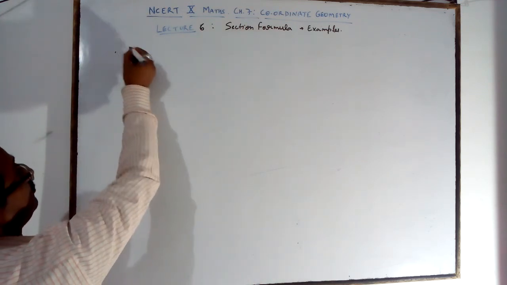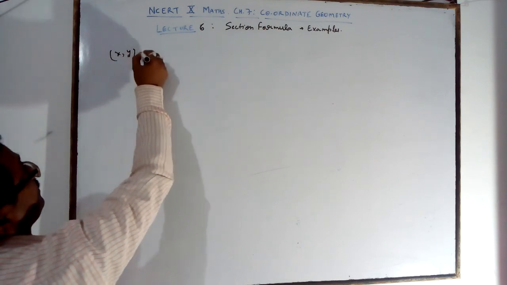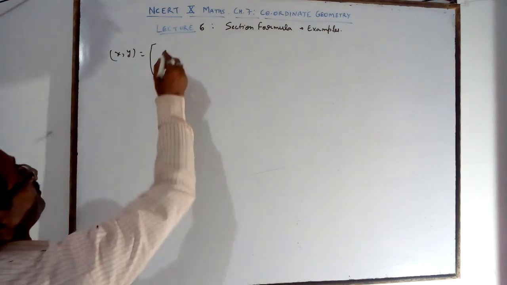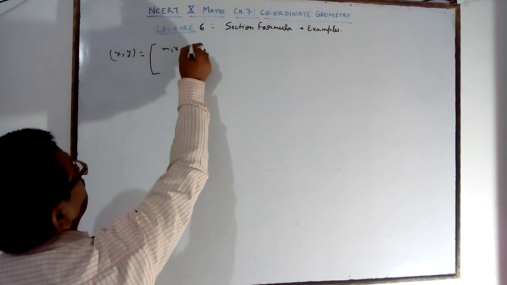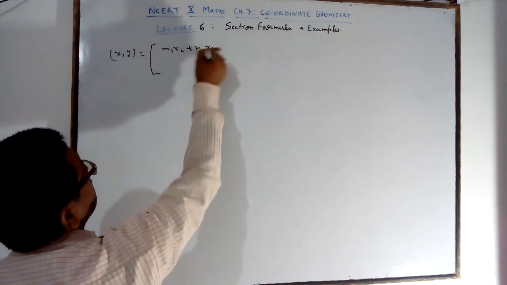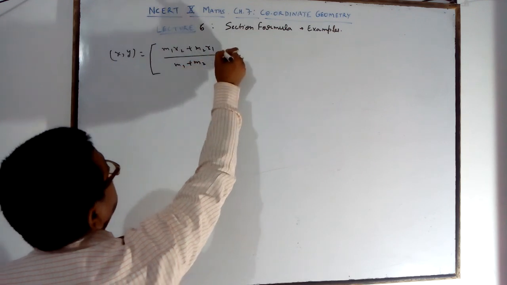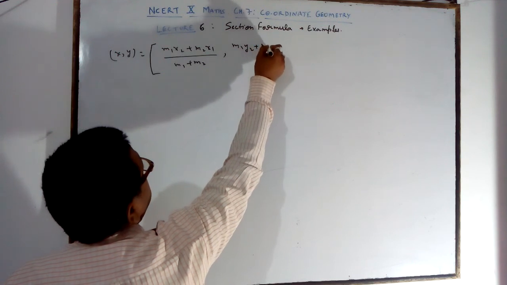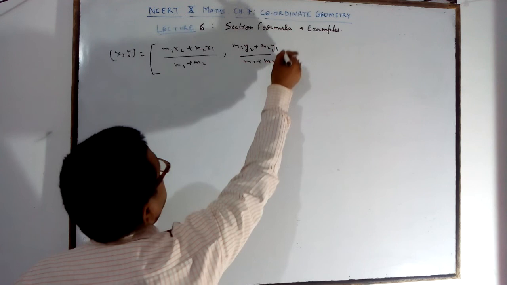What is the section formula? The point x comma y which divides a line in two parts in the ratio m1 to m2 is (m1 x2 plus m2 x1 upon m1 plus m2, comma m1 y2 plus m2 y1 upon m1 plus m2).